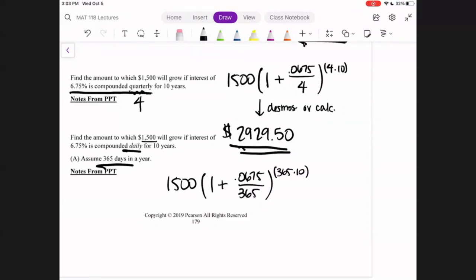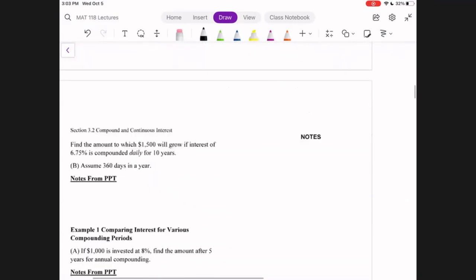If I recalculate everything, using your calculator or Desmos, I get 2945.87. So still a little bit more than quarterly. It's not that much more, but it is higher. And then this next one just does it for 360, so you'll see it won't be as high.